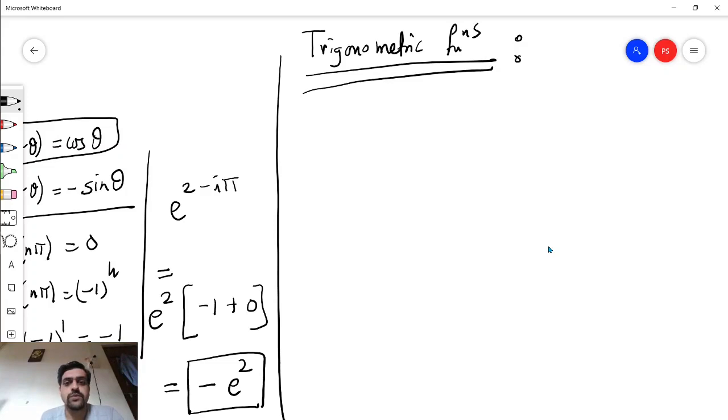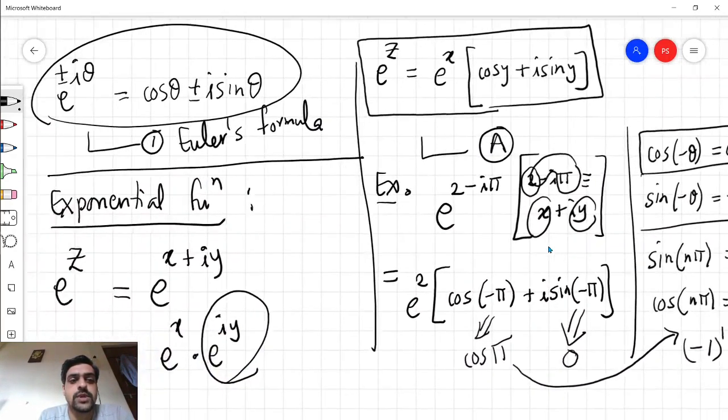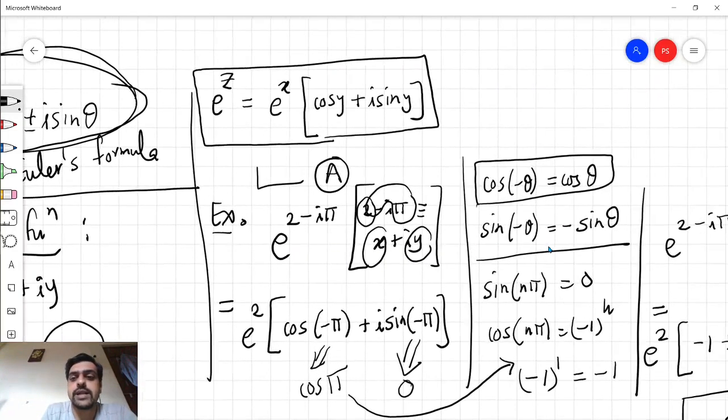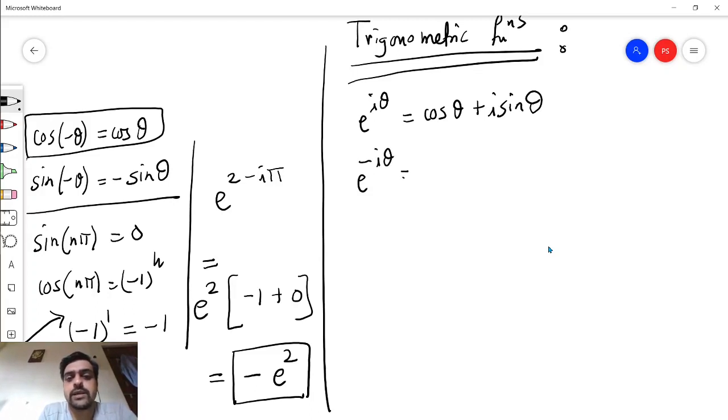In order to do so, I will have to import this Euler's formula, which is very much of importance, and we'll write it as e raised to i theta is cos theta plus i sin theta, and e raised to minus i theta is cos theta minus i sin theta.